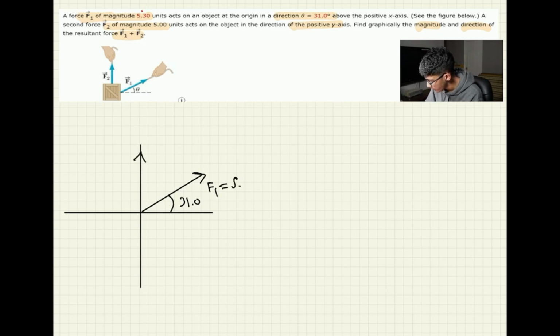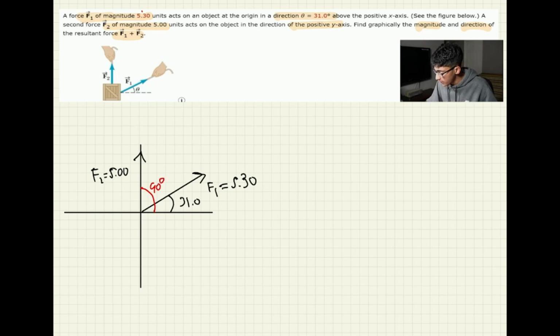F1 is actually 5.30. So imagine you're pulling it from this side, it's 5.30 units, the strength of it. And F2 is right here, and its magnitude is 5.0. And since it's the positive y-axis, its angle will be 90 degrees.